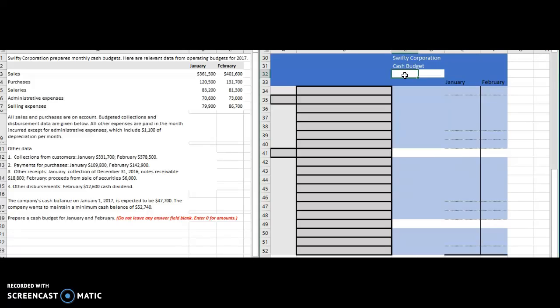The first thing we have to put in is the time frame, and it's for the 2 months ending February 28th, 2017. The first thing we're given is the beginning cash balance.